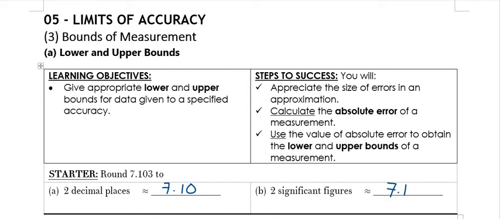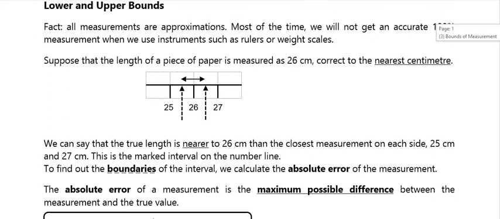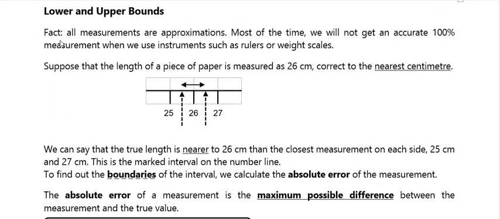Now in finding lower and upper bounds, you have to know how to calculate what we call the absolute error of a measurement. We know for a fact that all measurements are approximations, because we will not get an accurate 100% measurement when we use instruments.